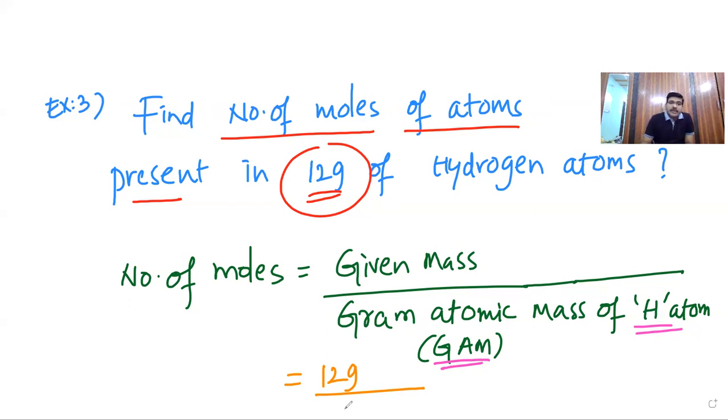So that is the gram atomic mass. So 1 gram. If gram cancels, it will become 12 number of moles. This is the simplest way to calculate the number of moles present in the given quantity.